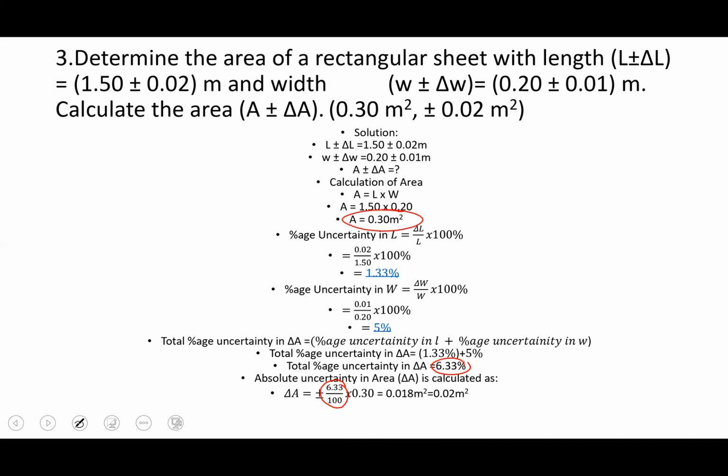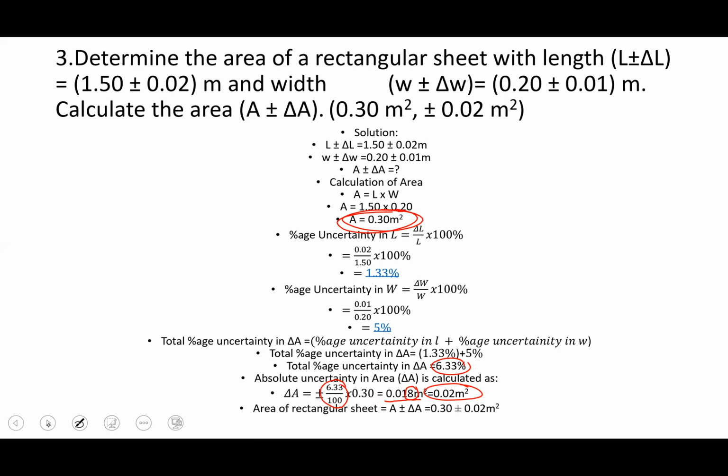Now, if we do that, we have the value of 0.018 meters squared. Or if we round it off because it is greater than 5, it will be 0.02 meters squared. Now, this is the uncertainty in the case of value, and we have the certainty, which is 0.3. So now let's add them up. The area for a rectangular sheet will be A plus minus delta A equal to 0.30 plus minus 0.02 meter square.